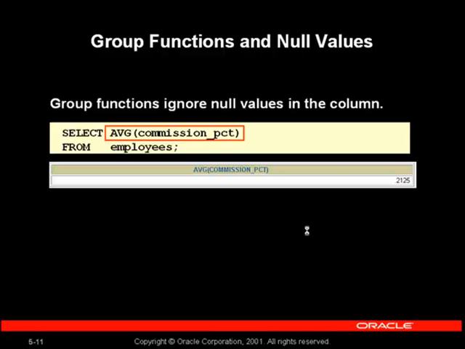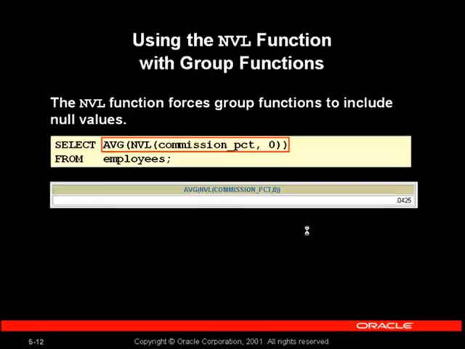Generally speaking, the group functions ignore null values, just like I've showed you with count. But the way to get over that is to use the NVL function. The NVL function, remember, is one of our single row functions that will give us an alternate value in case it comes across a null value in a particular column of interest.